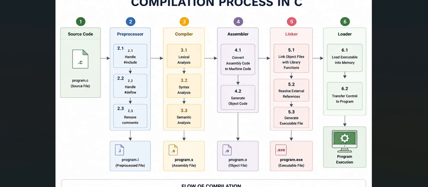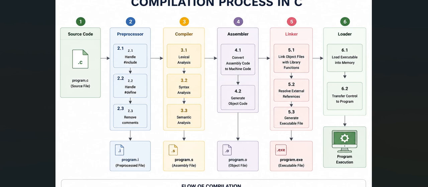It will handle the first line, hash include stdio.h, and it also handles hash define. What is this hash define in detail? I will explain in further videos. But as of now, get an idea that in the preprocessor step, it handles hash include and hash define. In addition to this, it also removes the comments.